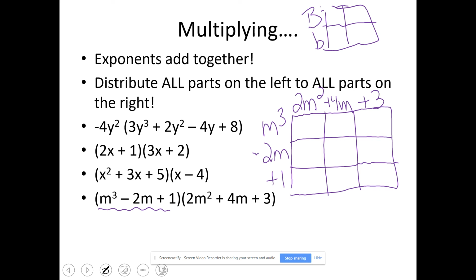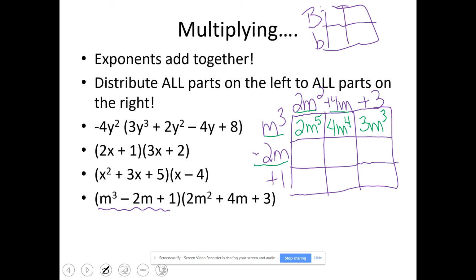So we multiply on the outside. I have m cubed times 2m squared is 2m to the 5th. M cubed times 4m is 4m to the 4th. M cubed times 3 is 3m cubed.